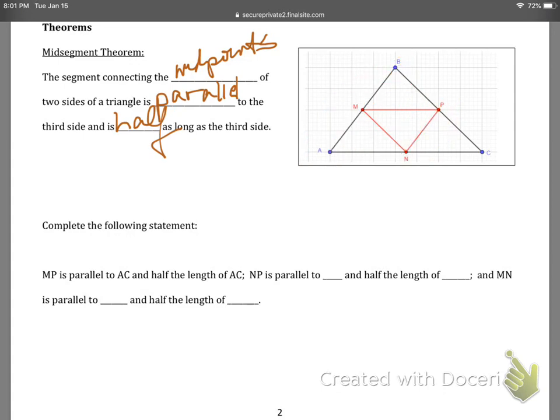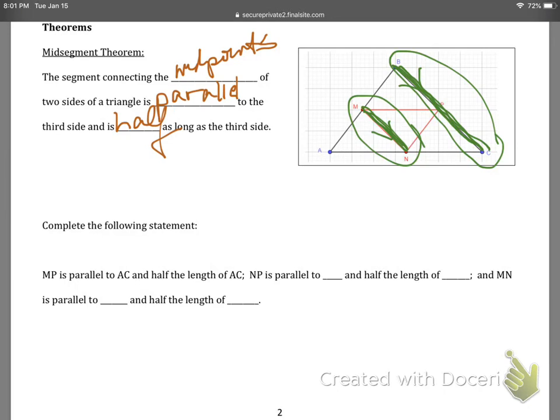Okay, and there's one more we can do. This is a mid-segment right here. It's parallel to this part of the triangle, and this is half the length of this.